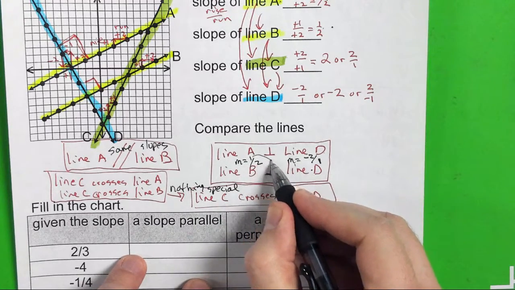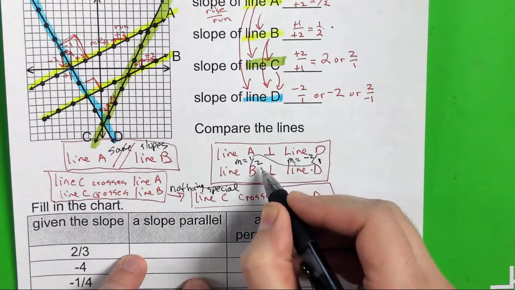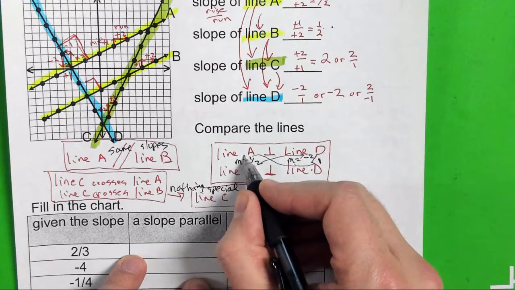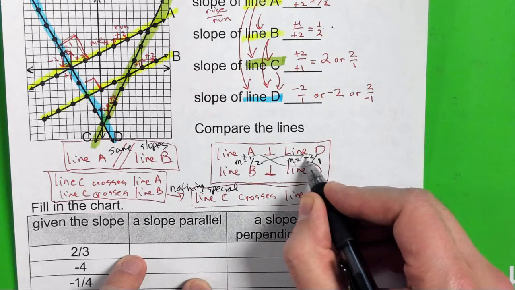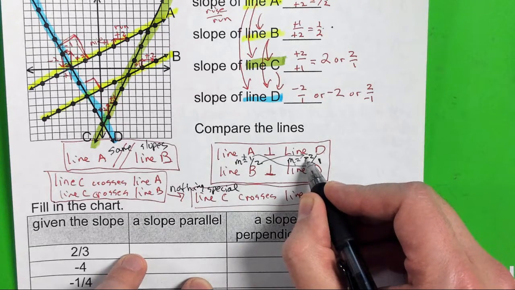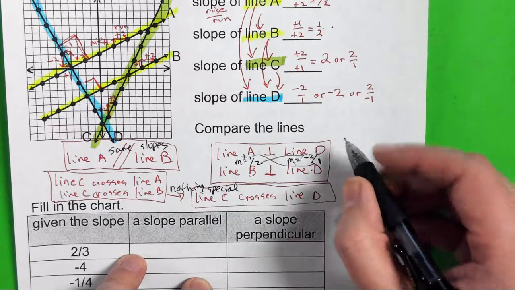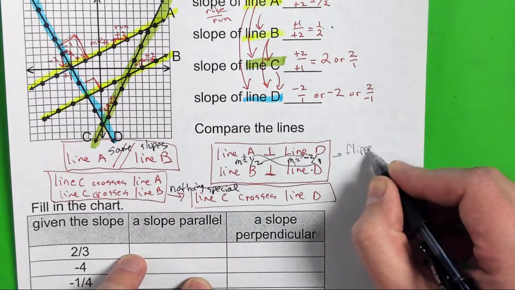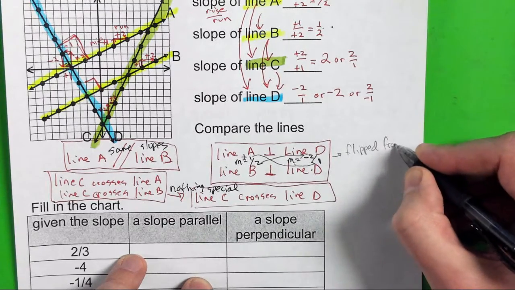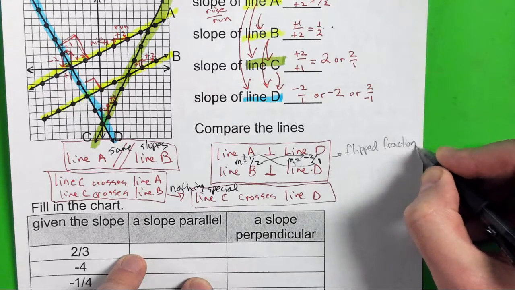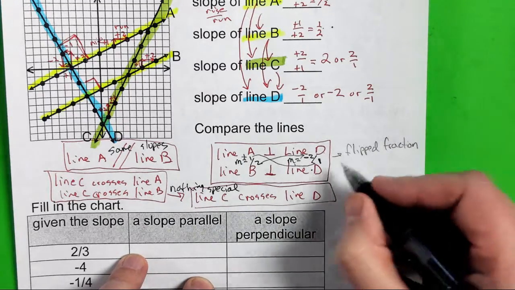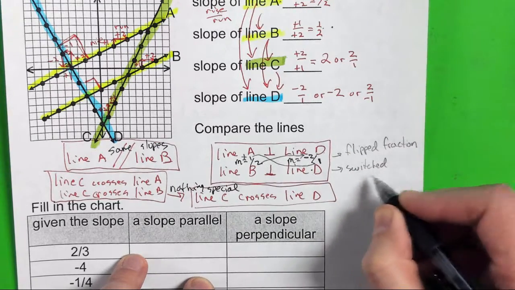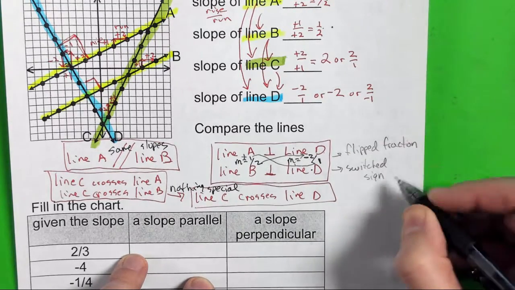This number 1 looks like it went to the bottom, and this number 2 that was on the bottom went to the top. This whole thing was positive. Now the whole thing is negative. So it looks like we flipped the fraction and we switched the sign of the fraction.